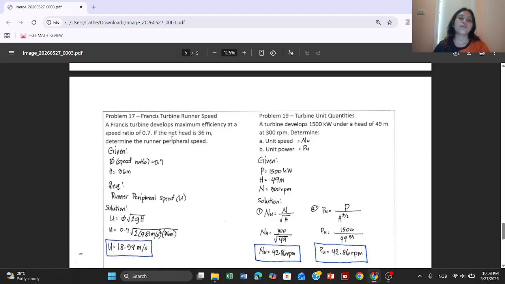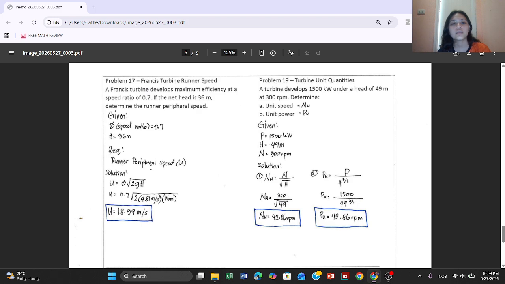Next, for problem number 17, Francis turbine runner speed. A Francis turbine develops a maximum efficiency at a speed ratio of 0.7. If the net head is 36 meters, determine the runner peripheral speed. We have a given speed ratio of 0.7 and a head of 36 meters.